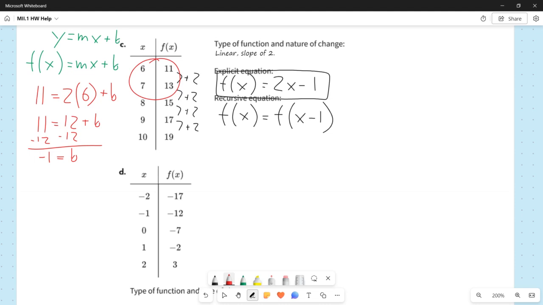So the question becomes, what do we need to do to 11 to get 13? Well, we need to add 2. We already identified that. So our recursive equation is relatively straightforward. All we need to do in order to get f of x is take the term that came before it, f of x minus 1, and simply add 2 to it.